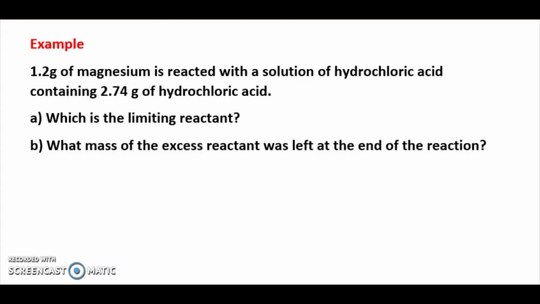When we have the number of moles, we go ahead to determine the mole per coefficient ratio. So how do we do it? Now, let's write the balanced equation for this reaction.